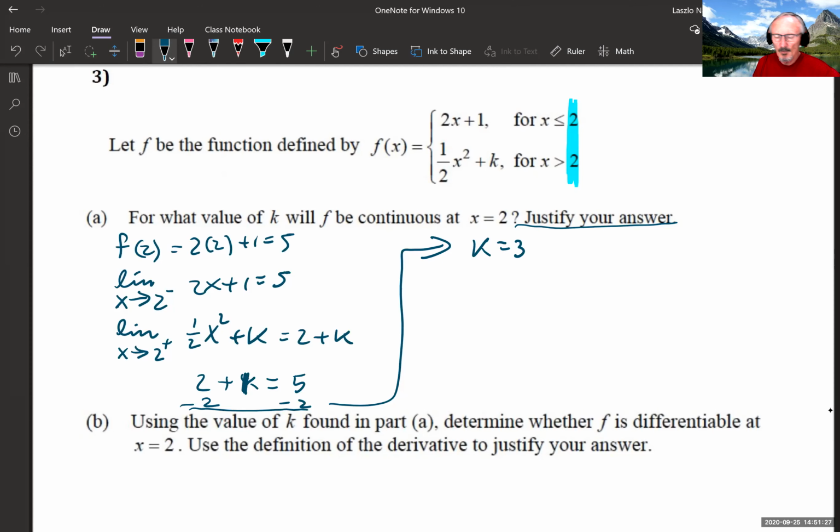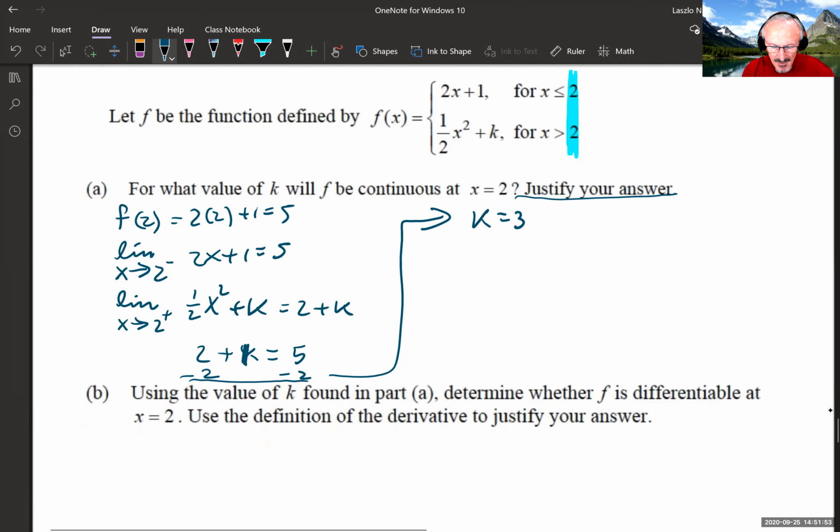So now we have justified by showing all of our steps using appropriate limit notation, evaluating the left-hand limit, right-hand limit, as well as the value of the function. All 3 must be equal, and this yields k equals 3. So under that condition, f of x will be continuous at x equals 2.